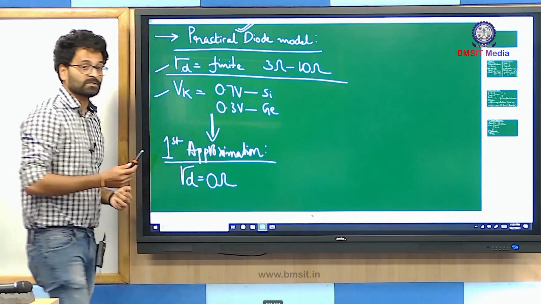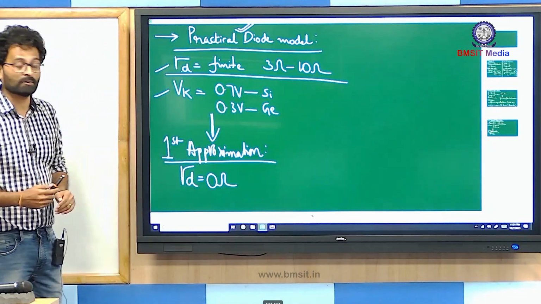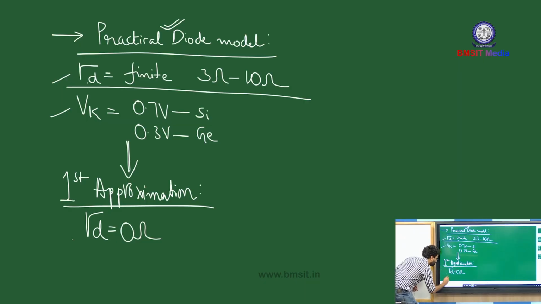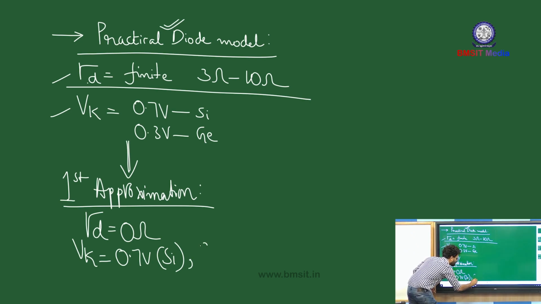The dynamic resistance is quite small, hence we are assuming Rd is equal to 0 ohm. However, Vk we are going to consider, either 0.7 volts if silicon material is given, or 0.3 volts if germanium material is given.